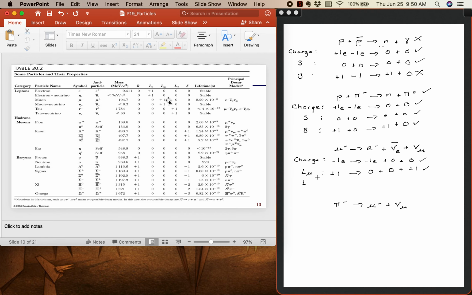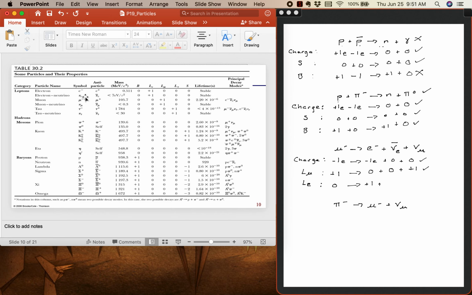And then we should also check out electron lepton number, since we have some electrons and electron neutrinos. So the muon has 0 electron lepton number. And that goes to the electron, which has +1 electron lepton number, and an anti-electron neutrino. And the electron neutrino is here.